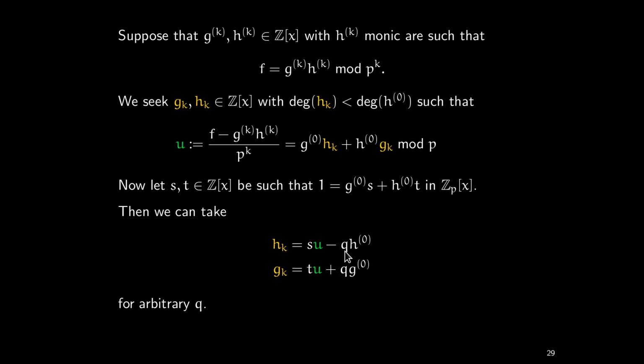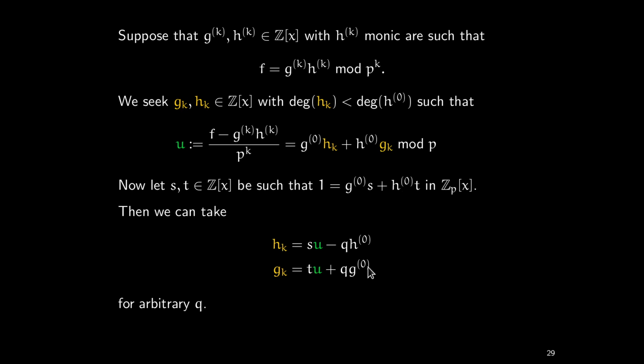So I can take an arbitrary Q, and subtract from here the qth multiple of h0 if I add the qth multiple of g0 to the t, and that's because g0 times h0 is the same as h0 times g0.